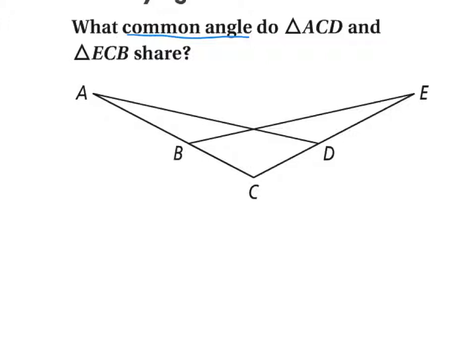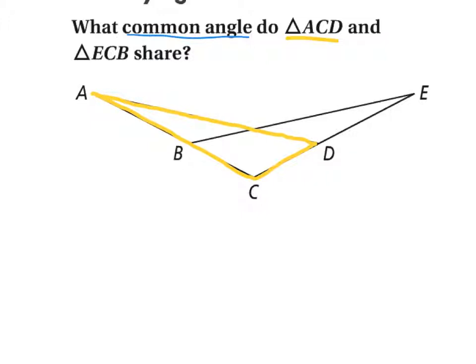So we are talking about triangle ACD. So go to the diagram and start with point A and trace it to C, and then to D, and then of course finish the triangle by going back to A.